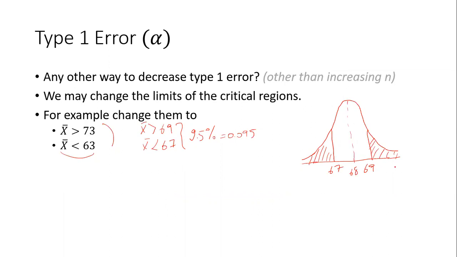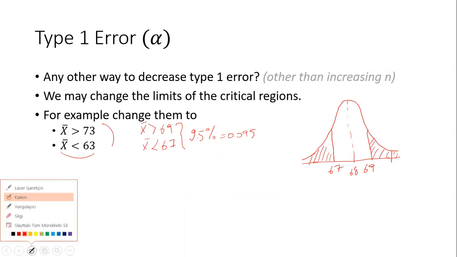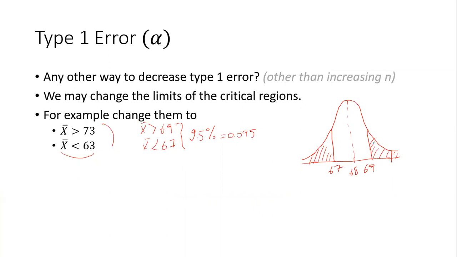So if you change the limits to 73 and 63, then the error becomes this blue shaded region, which is much smaller.